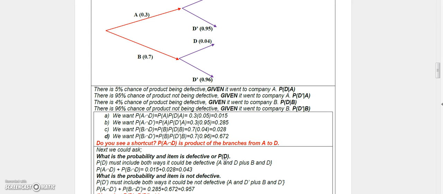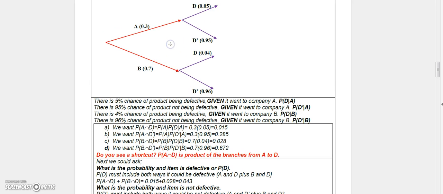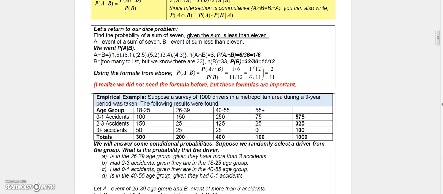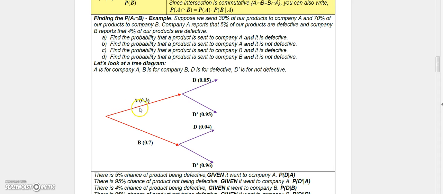Now, here's the key. There are two ways the item can be defective. The item can be defective if it went to A and it was defective, or if it went to B and it was defective.